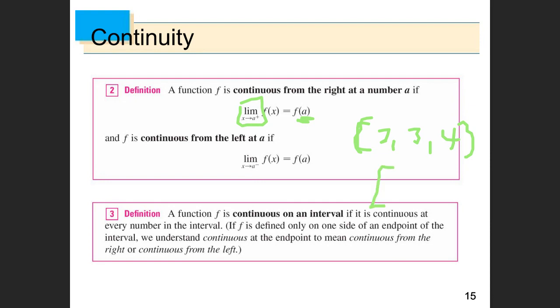Or I choose to put it like this: any number between, let's say, 0 and 4, for example. Now, for an interval, you need to pay attention. Your function needs to be continuous at every number in that interval for you to conclude that it is continuous over the interval.